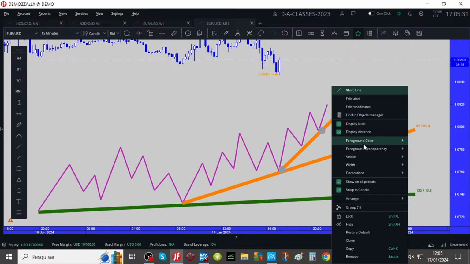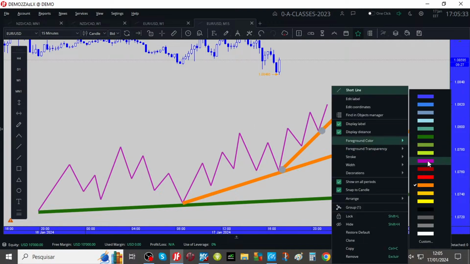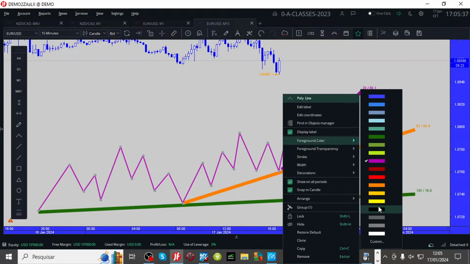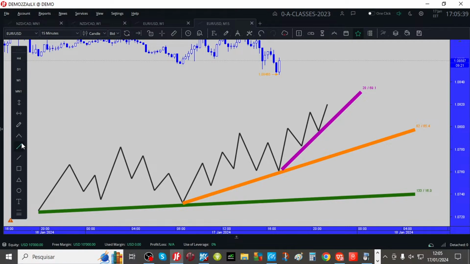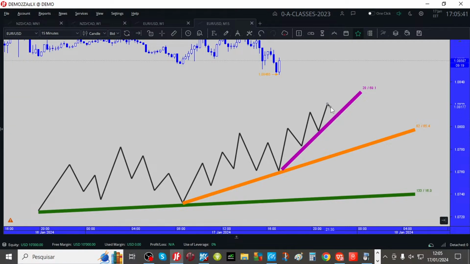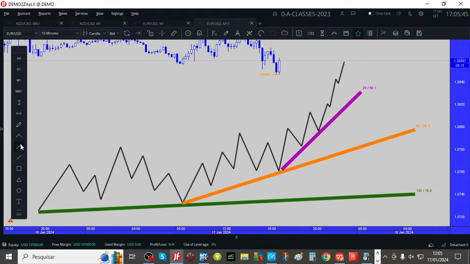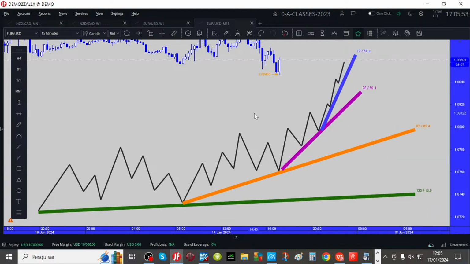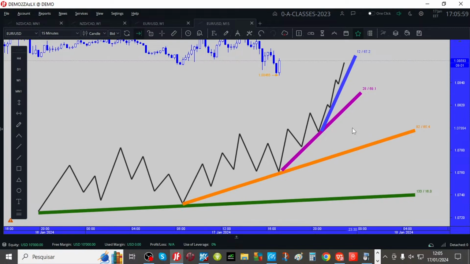Whoops, this should be violet, this should be black. Alright, and then if the market speeds up, which is happening in some pairs, then it can also have the aggressive one, maybe blue. So the 3 trend lines, right?